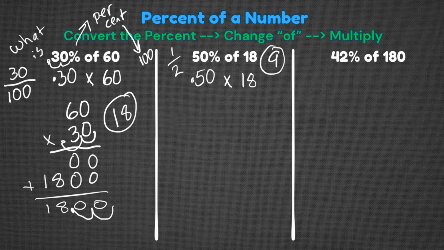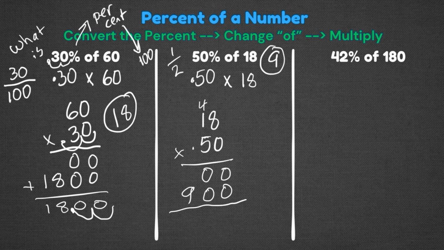So now when I set this problem up, I'm going to set it up as 18 times 50 hundredths. This is a multiplication problem. 0 times 8 is 0. 0 times 1 is 0. Put the 0 down here. For the next part, 5 times 8 is 40. 5 times 1 is 5, plus the 4 is 9.